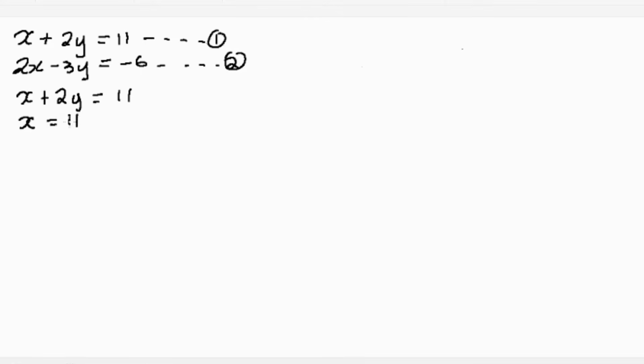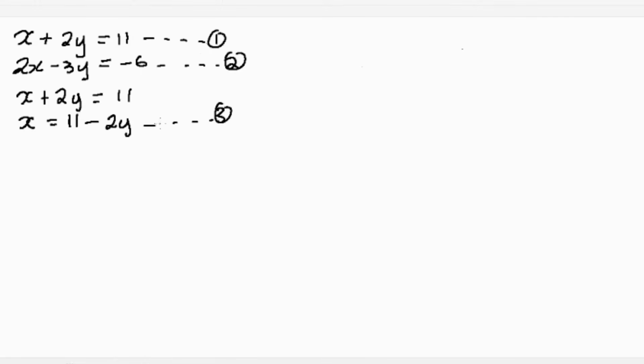We are simply going to transpose. So when 2y goes to the other side, it is going to be negative 2y. So this is going to be our equation number 3. So the next question that you are going to ask yourself is: for me to create equation number 3, which equation did I use? So we used equation number 1.